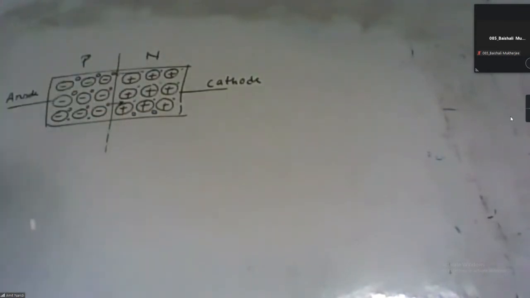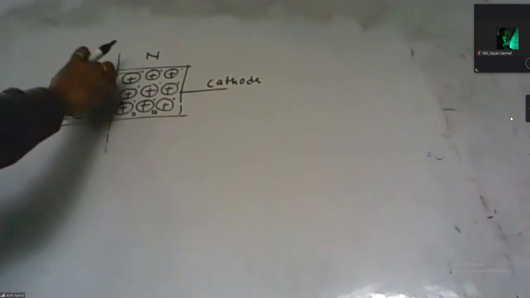That region does not contain any free charge carriers, that means it does not contain any electron or hole. So this region is basically called the depletion region or space charge region.